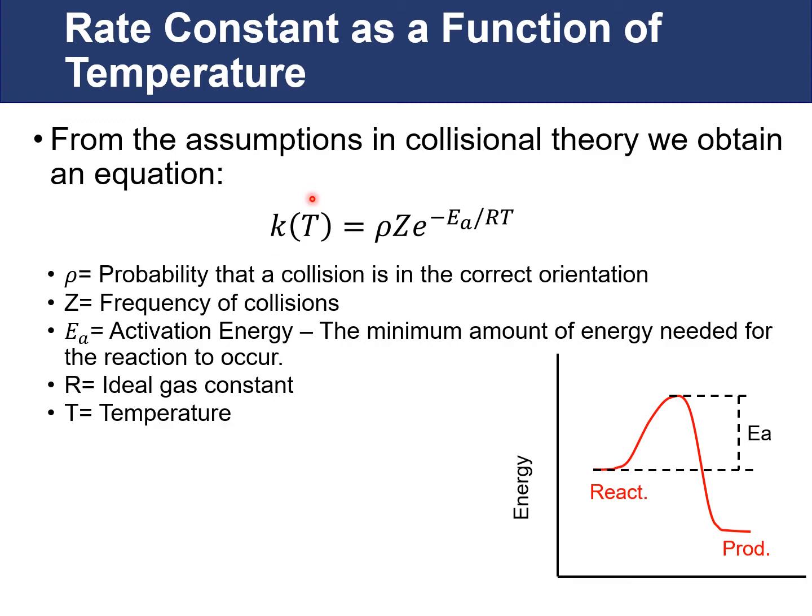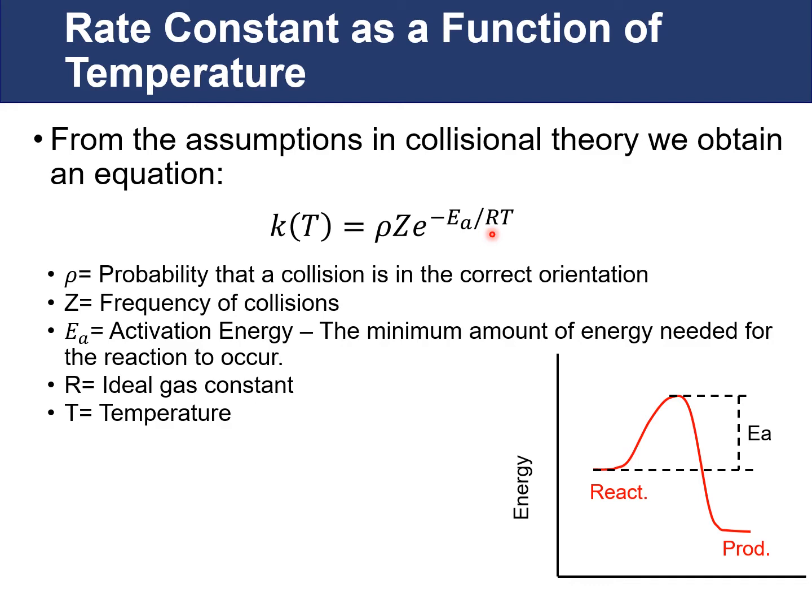So K of T is equal to rho, which is essentially the probability that a collision will occur in the correct orientation, times Z, which is the frequency of those collisions, times e, which is just our mathematical e, raised to the negative of the quantity, the activation energy, which essentially is the minimum amount of energy needed for the reaction to occur.